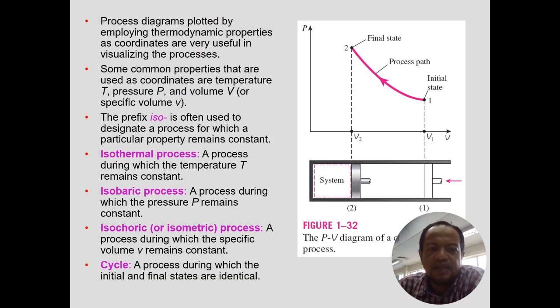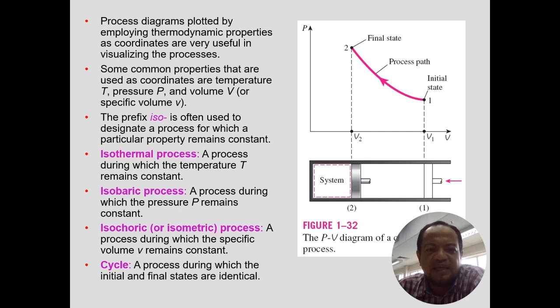Next is the process diagram. We take a look at the PV diagram here. We have the initial state, state number 1, with V1 here, and it moves to the final state, state number 2, with V2 here. Process diagrams plotted by employing thermodynamic properties as coordinates are very useful in visualizing the process.